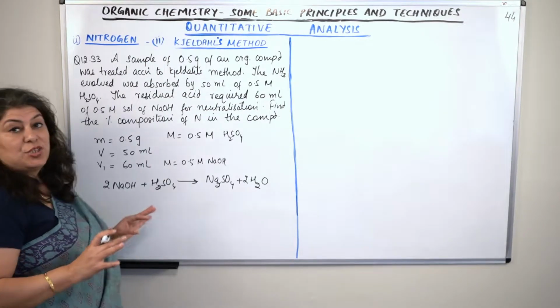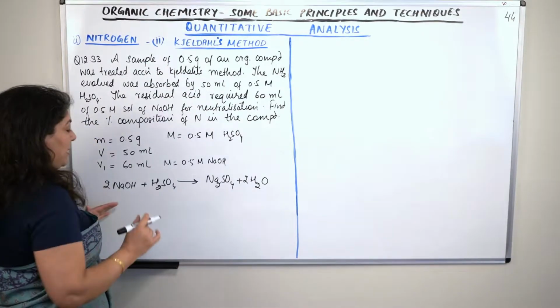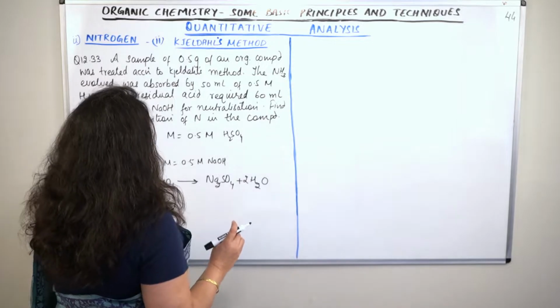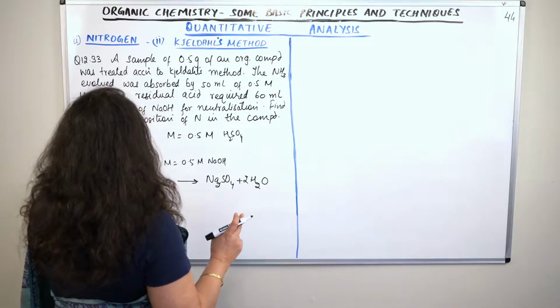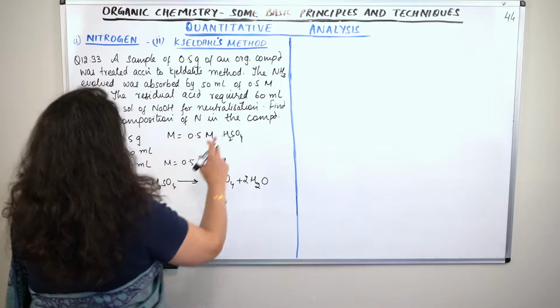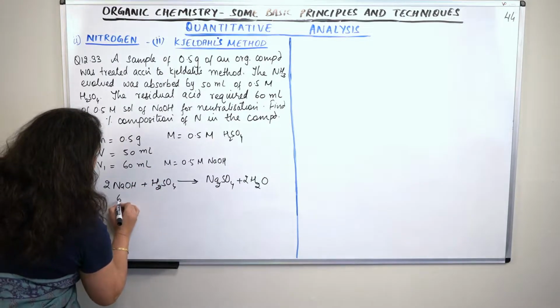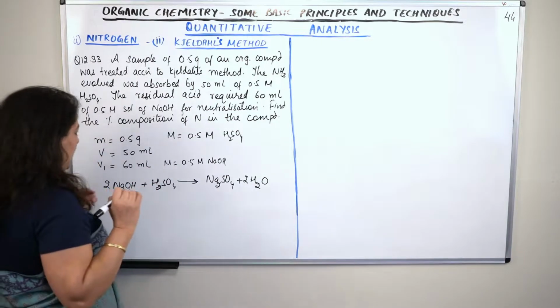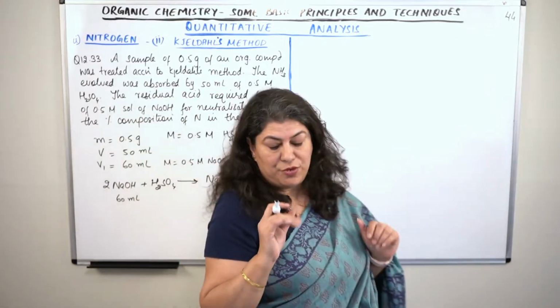This is the neutralization reaction between sodium hydroxide and sulfuric acid. And we have been told the volume of sodium hydroxide: 60 ml.